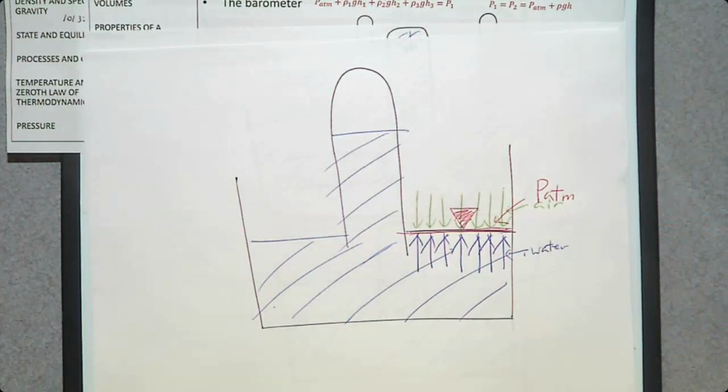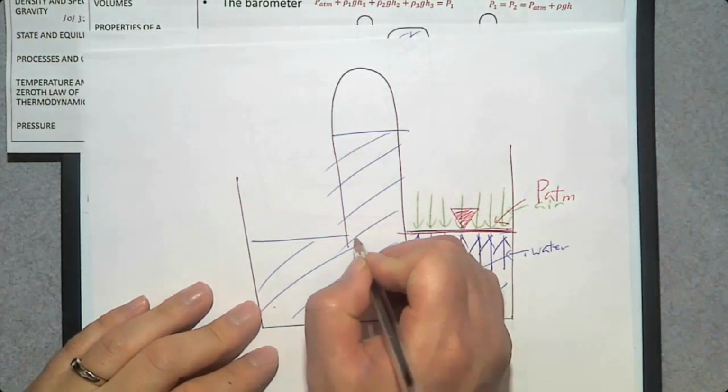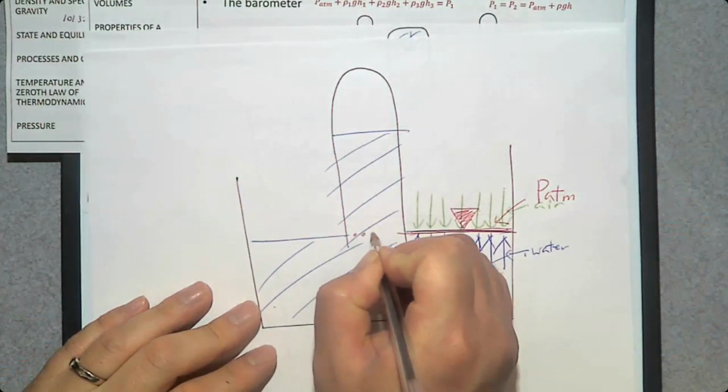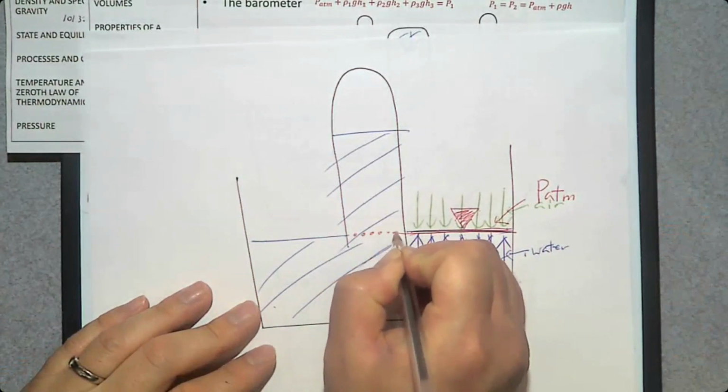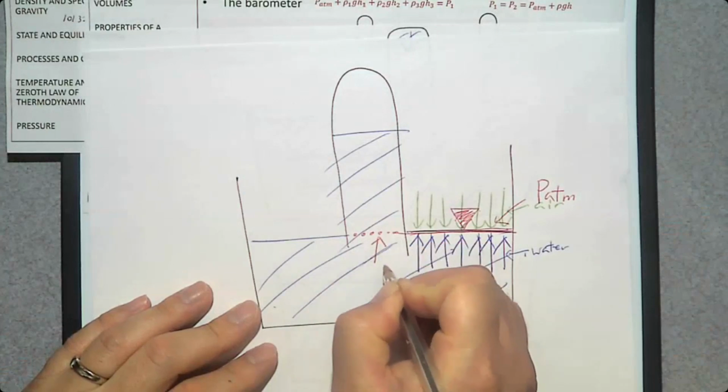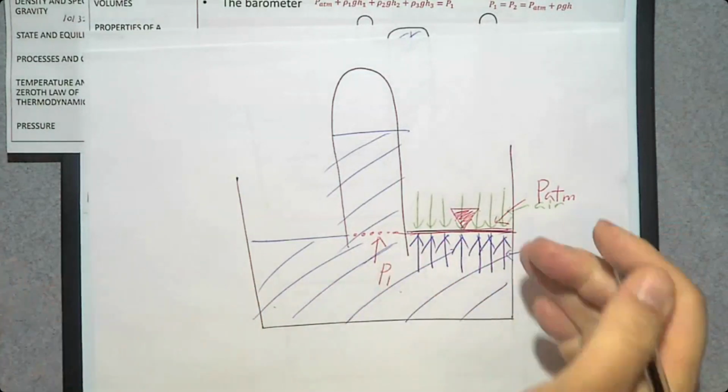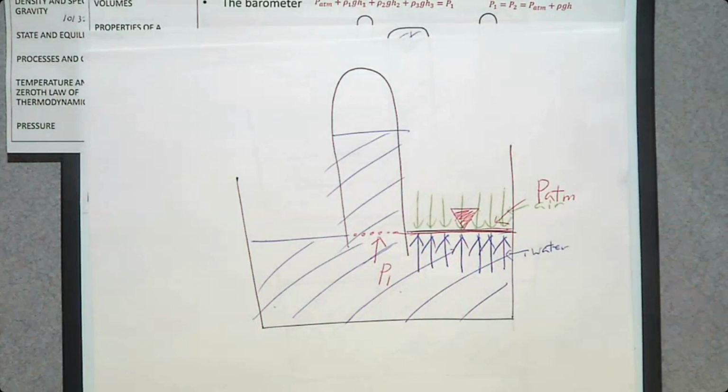Then what about right here? I'm going to make an imaginary surface about here and call this P1. What is the relation between P1 and atmospheric pressure? Is P1 greater than PATM, or PATM greater than P1? Are they the same?